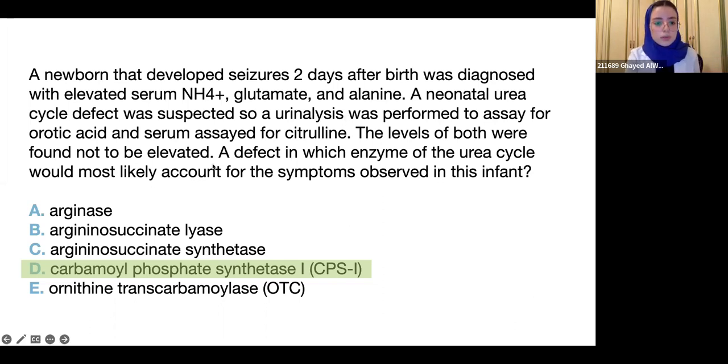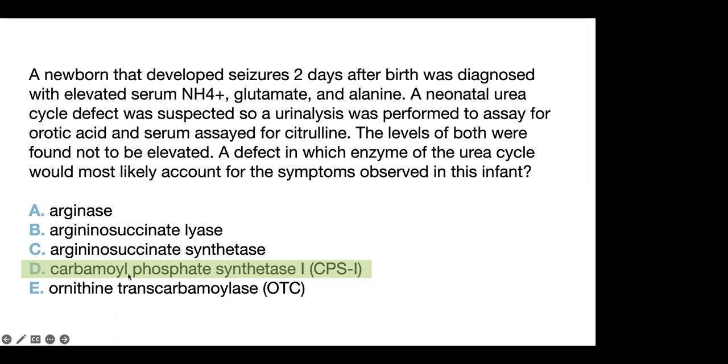So citrulline would probably be elevated in that kind of deficiency. But in the case of carbamoyl phosphate synthetase 1, if this enzyme is deficient, then we won't be able to make citrulline. So it would make sense for citrulline not to be elevated. Was that clear? Yeah. Okay.